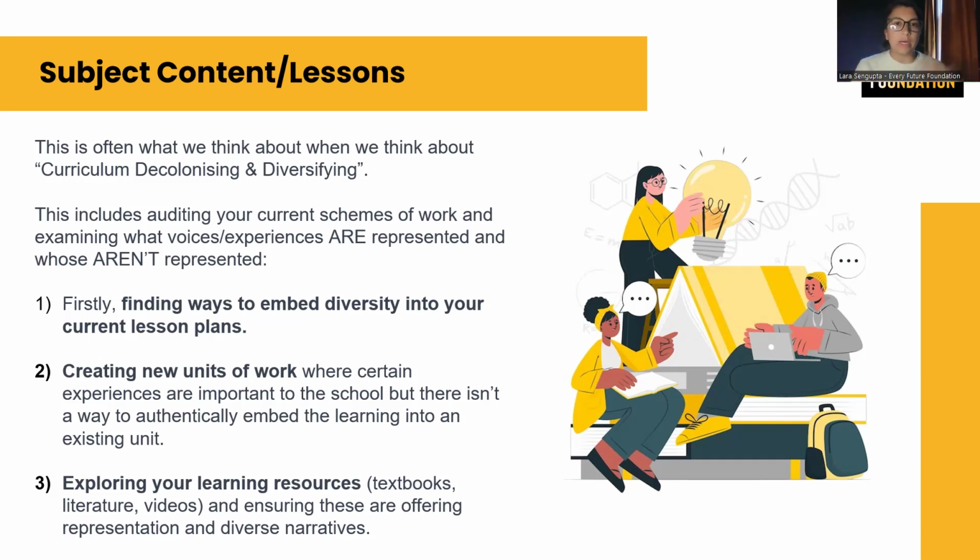We want to be looking at the multiple identities that people hold, and what's their lived experience from those multiple identities. So taking that intersectional approach, and then trialing and testing, and you'll always get amazing feedback from your students. And you can also do this with parents as well. I hope that helps, but please feel free to email me as well, and we can discuss this further.